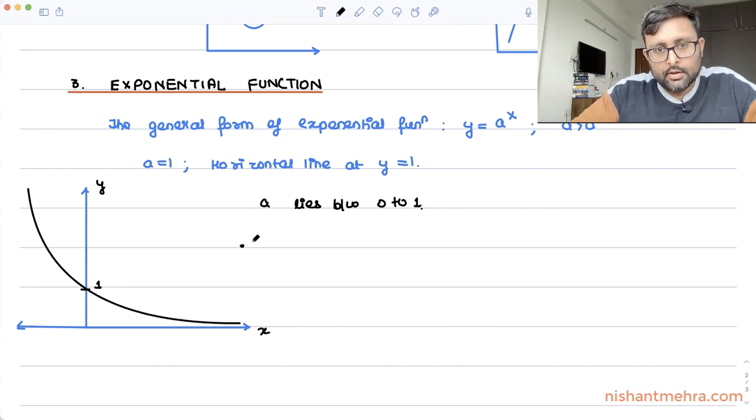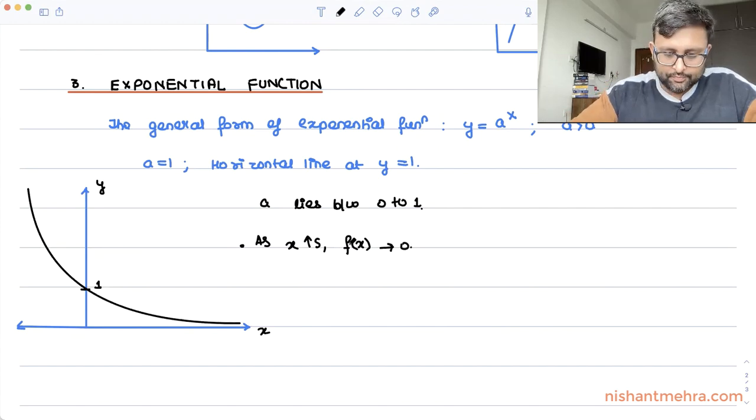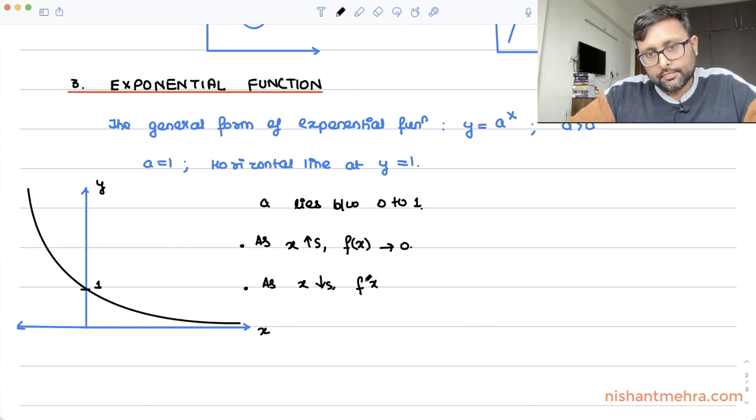So one thing, as x increases, f(x) goes towards 0. And if x is decreasing, your f(x) is going towards infinity. It is a strictly decreasing function, as you could see.